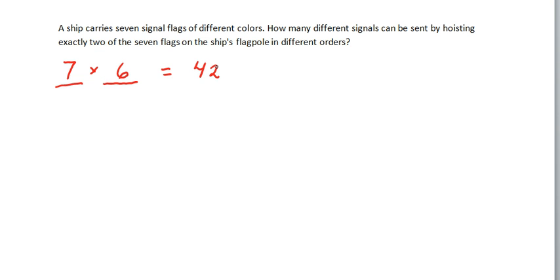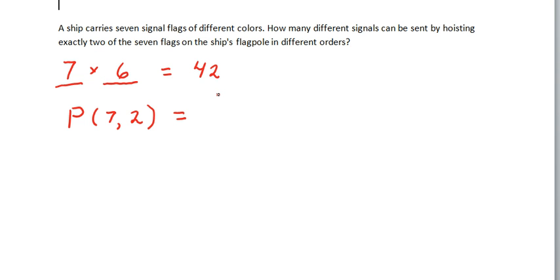So that's using the fundamental counting principle. We could also say this is the number of ordering without repetition of the 7 flags taken 2 at a time. So it's the number of permutations of 7 items taken 2 at a time.